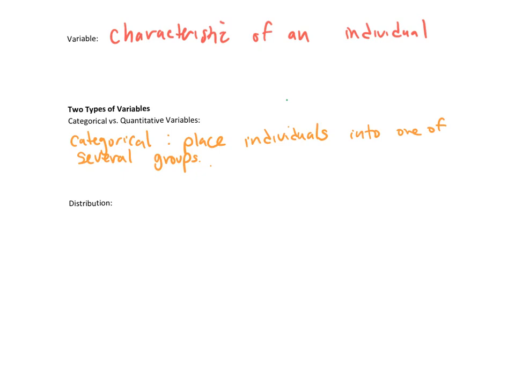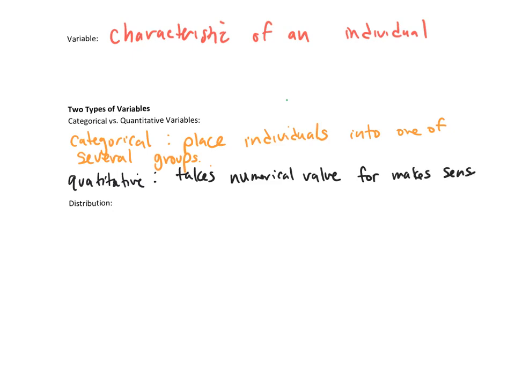The opposite of categorical is quantitative. A quantitative variable takes a numerical value for which it makes sense to take an average.